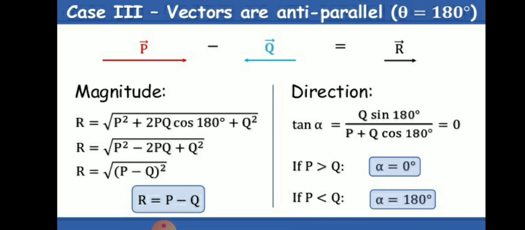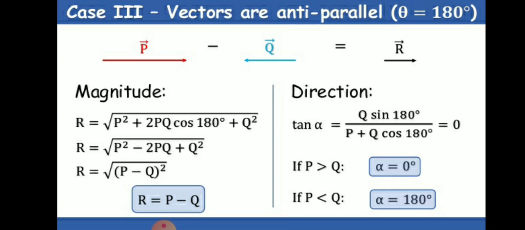Now let us see the direction. Tan alpha is equal to Q sin 180 degrees divided by P plus Q cos 180 degrees. Here the numerator comes 0 because sin 180 is 0. It doesn't matter if the denominator has a minus value.